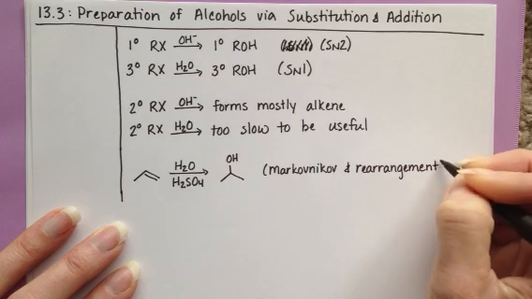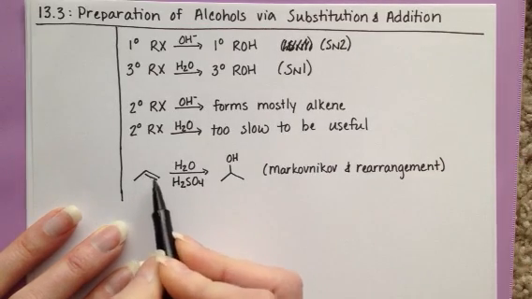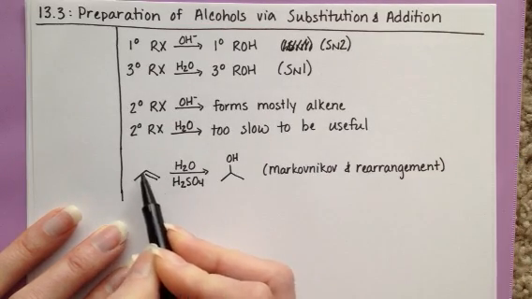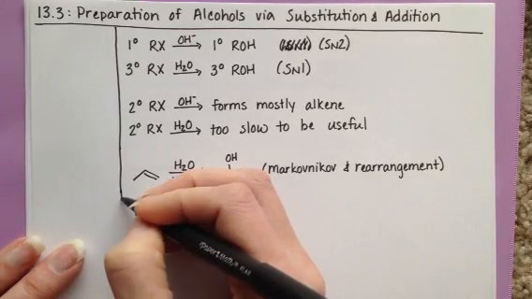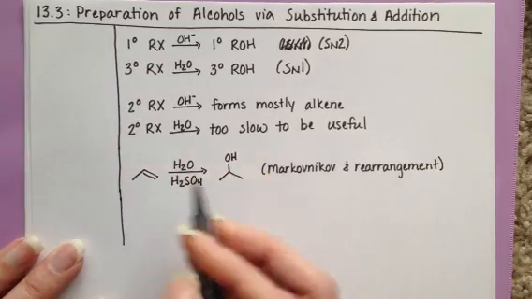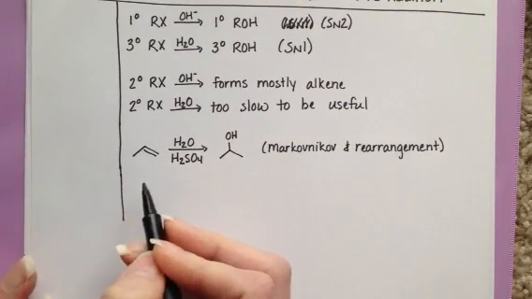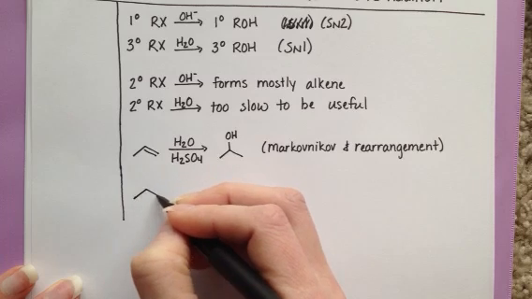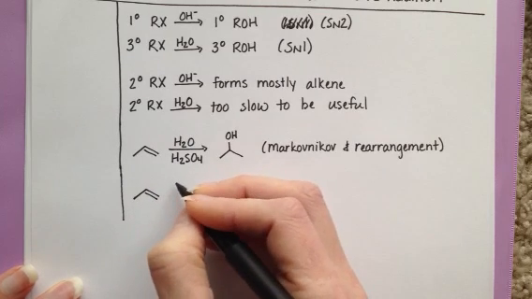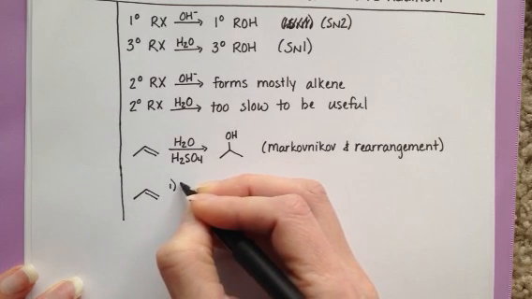Because this reaction proceeds through a carbocation intermediate, the hydrogen comes on, and we have a carbocation intermediate, which will undergo rearrangement if it can to form a more stable carbocation, so you don't necessarily get direct addition across the carbon-carbon double bond.